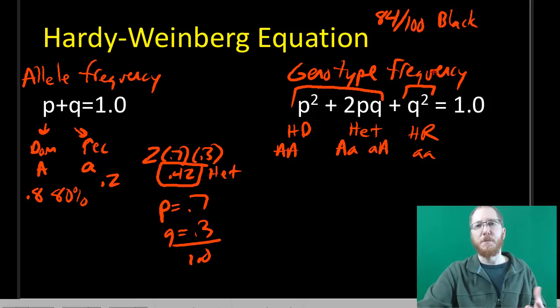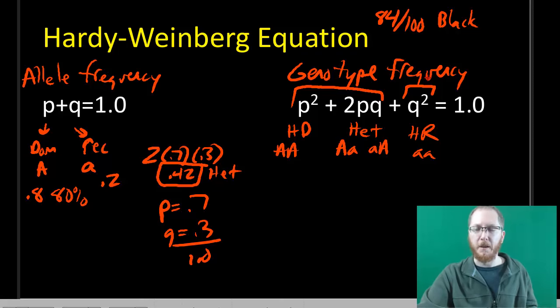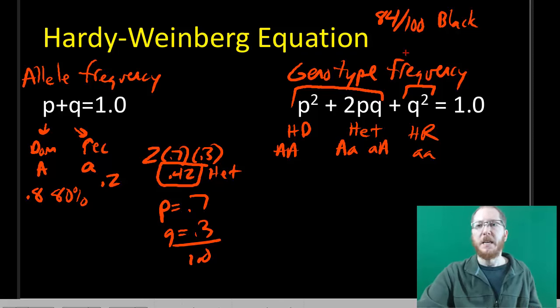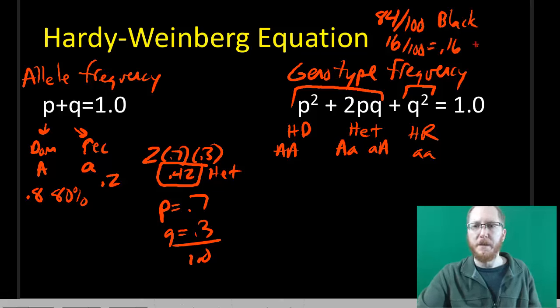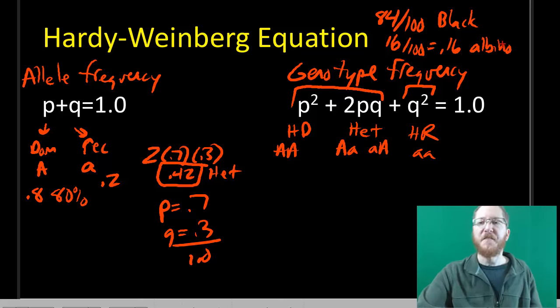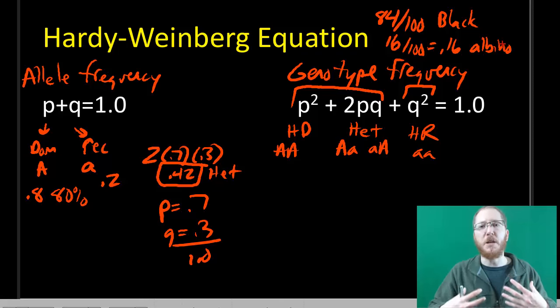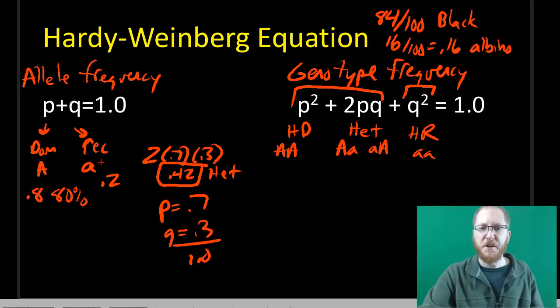Now looking at this, you should be kind of freaking out initially, like what the heck. But all you have to do is say, all right, if 84 out of 100 are black, which is the dominant, I can figure out how many are recessive, 16 out of 100, or another way of writing that is 0.16, will be albino. If they have the albino phenotype, their genotype must be Q squared. So what I've figured out now is that Q squared equals 0.16.